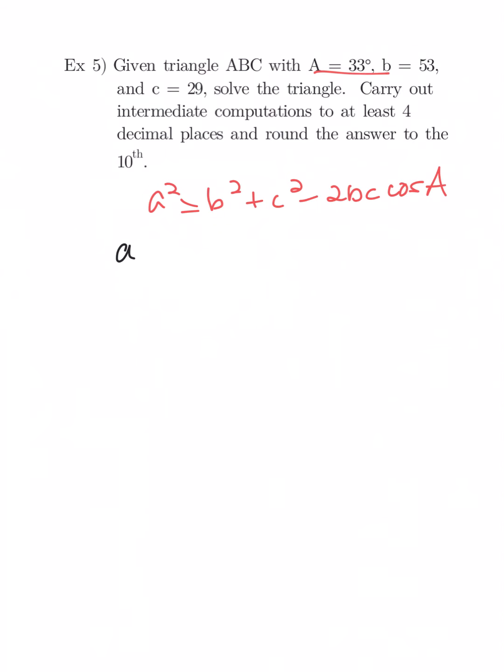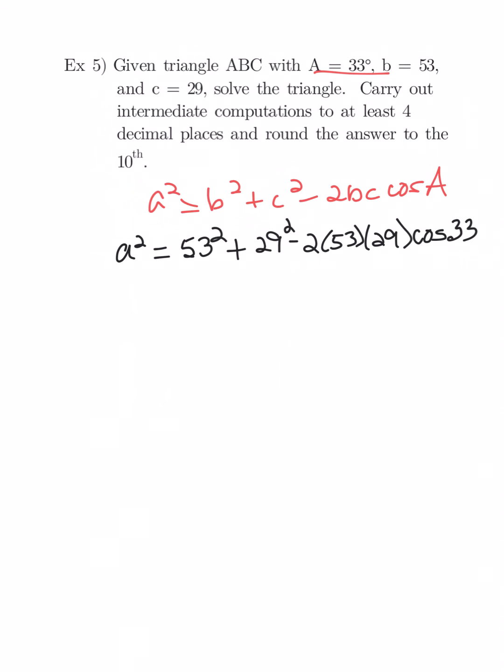So we'll set a squared equals side B is 53 squared, side C is 29 squared, minus 2 times 53 times 29 times the cosine of our angle A that we were given, which is 33.